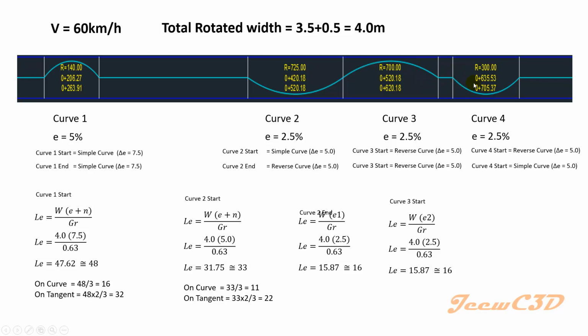Curve 4 end would be another simple curve, because you have the curve and a long straight. So you can calculate these lengths by yourself and see what comes out.